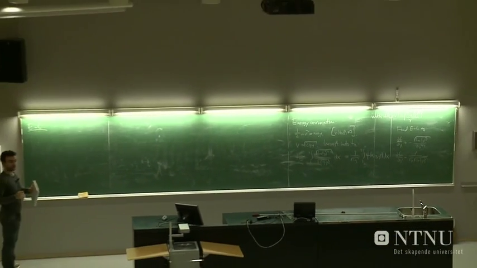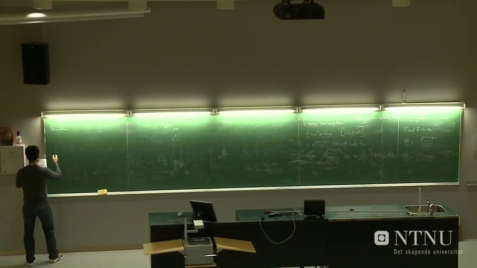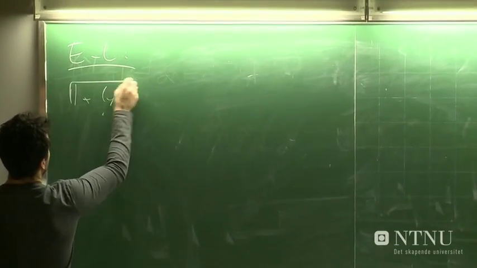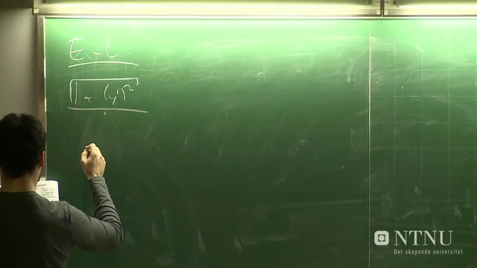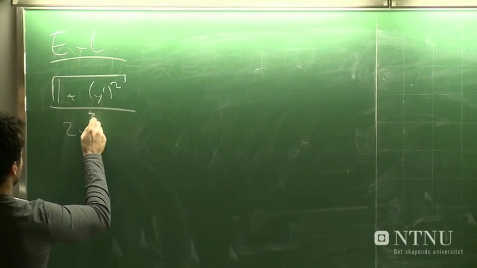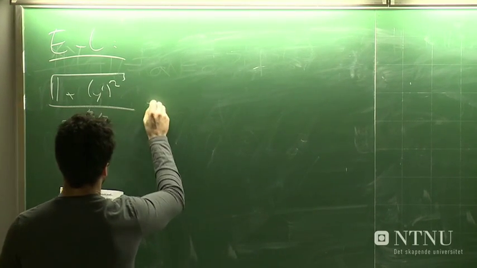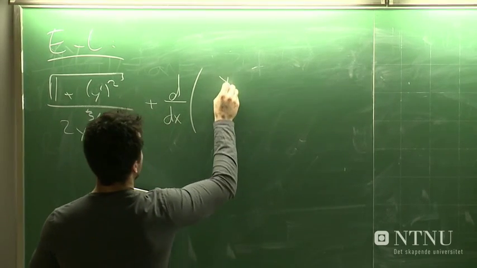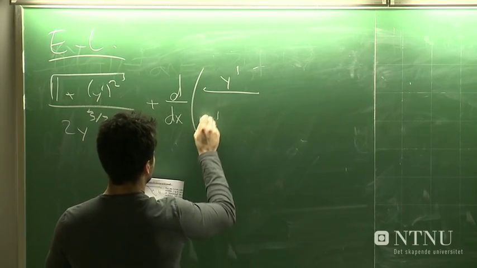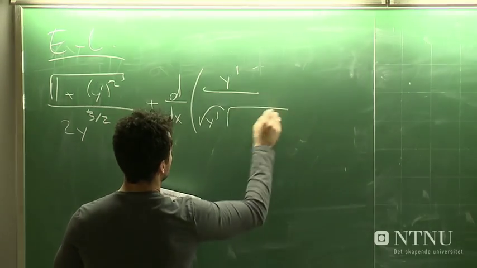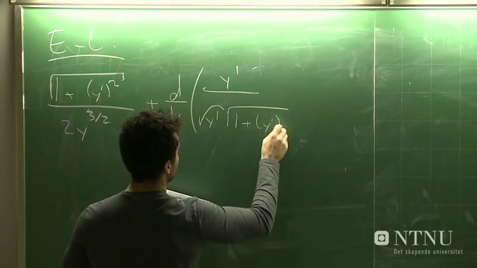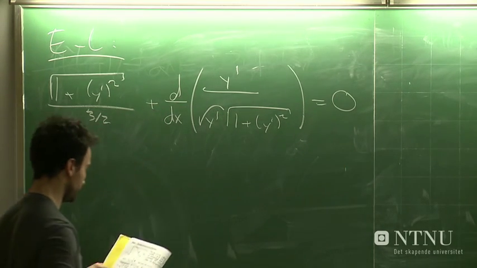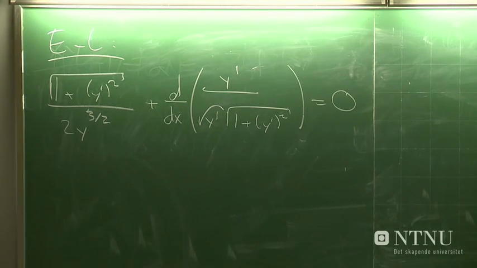By using these results, the Euler-Lagrange equation becomes this.